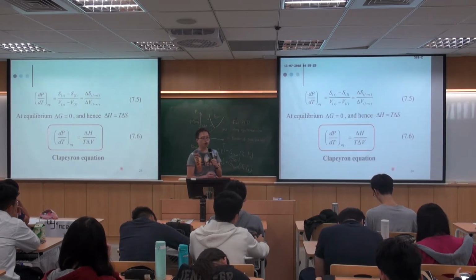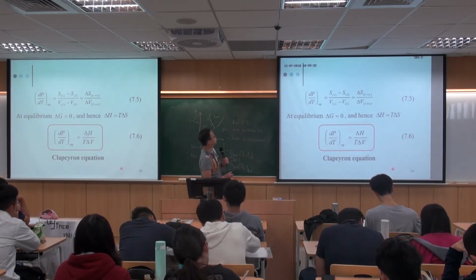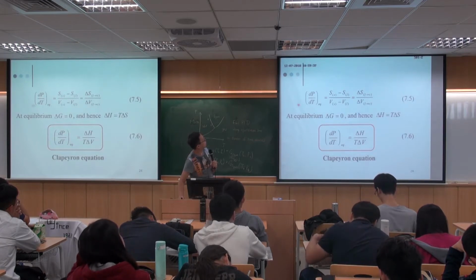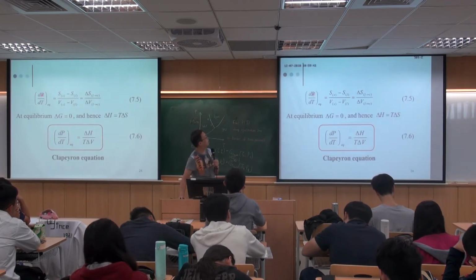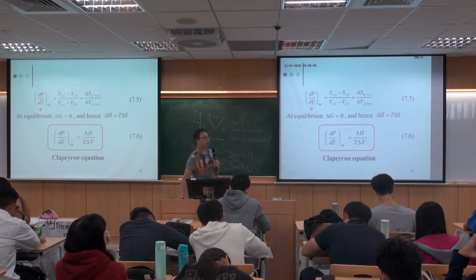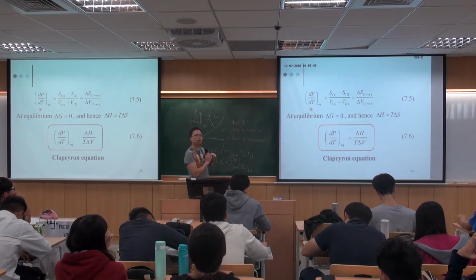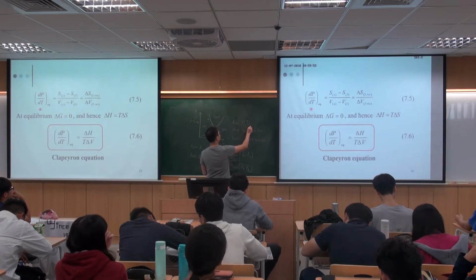And eventually we'll arrive at this very important relation, because if you move the terms around, then you can figure out the slope of pressure against temperature. And that's what we want, right? Eventually we want to find pressure as a function of temperature.